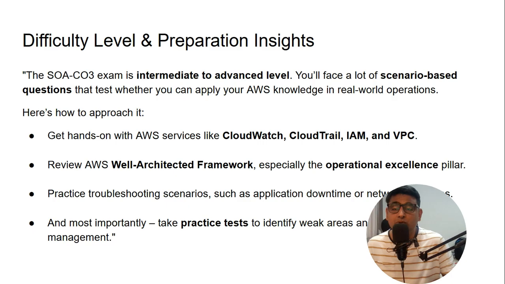Now you should review the AWS Well-Architected Framework, especially the operational excellence pillar. Okay, so you should be aware of this topic, and I'm not going to discuss the Well-Architected Framework. Maybe in some other video I will discuss that, but it's very important that you go through this topic very carefully. You should practice troubleshooting scenarios, very important. Most of the questions you will see in DevOps are on troubleshooting, and there will be a scenario.